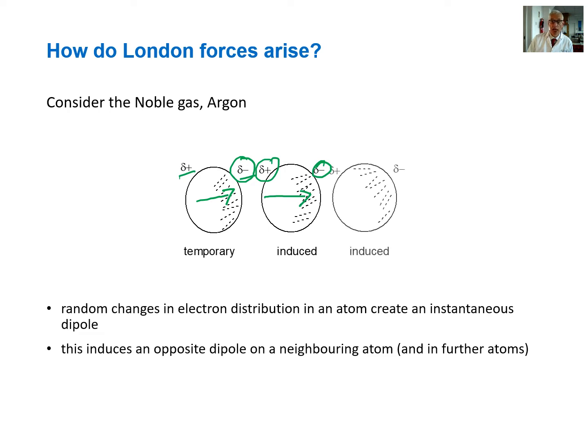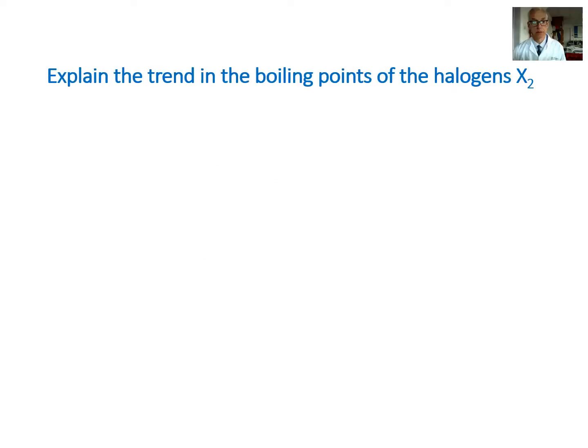Of course, that will then happen in a sequence of events, so we have, as it were, a cascade of induced dipoles, and of course the oppositely charged dipoles, delta minus, delta plus, are going to attract. And that is the basis of London forces.